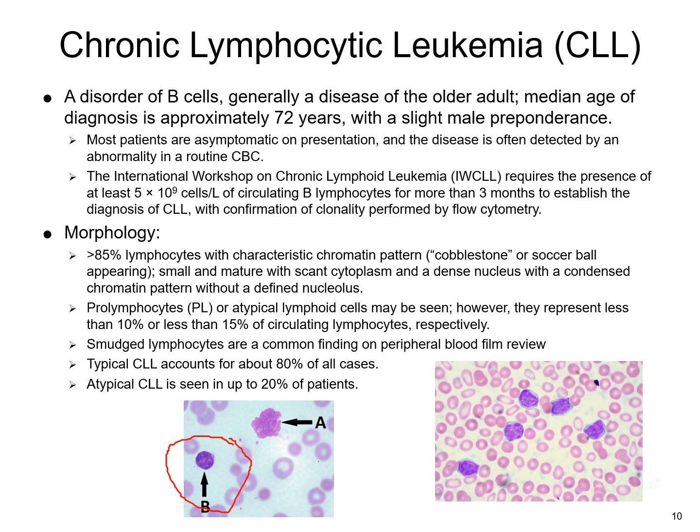Now, prolymphocytes or atypical lymphoid cells can be seen, but they represent less than 10% or less than 15% of all of the circulating lymphocytes. So 10% for the prolymphocytes and 15% for the atypical cells. You can see an example in the second image where all of these cells have more of that atypical shape.